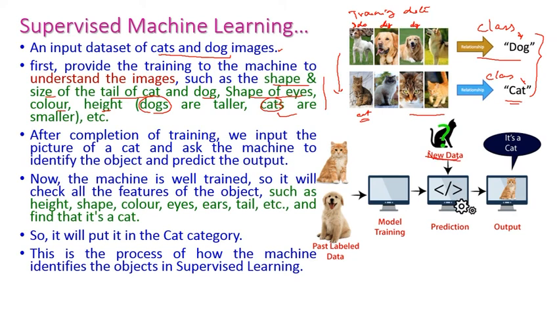Without giving the label, we simply give the image to the machine, and the machine compares the attributes of this image with all the already trained data, and the attributes will be very much mapped with cat, isn't it? So now the data will be classified into the cat class, the output will be cat, right? This is how supervised machine learning works.